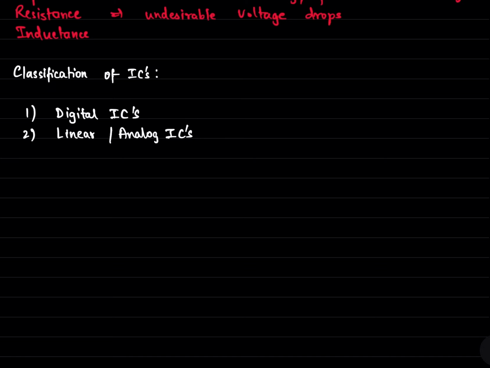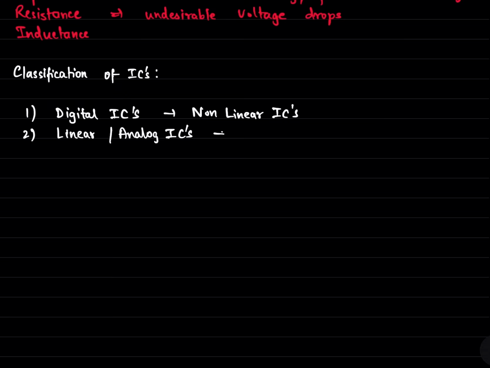What are these linear ICs and digital ICs? The linear ICs are also called analog ICs, while the digital ICs are also called non-linear ICs.